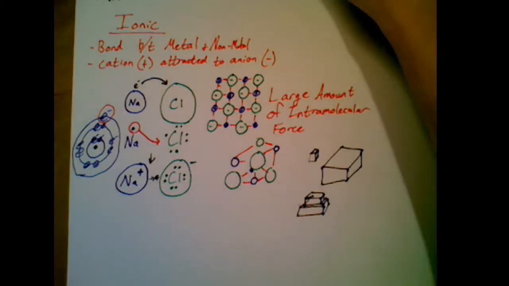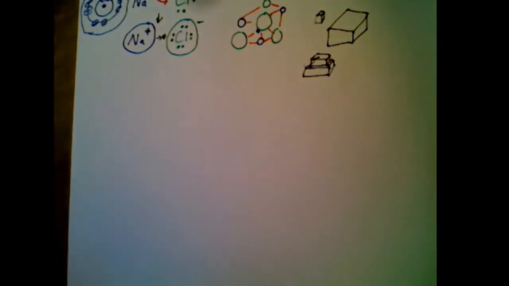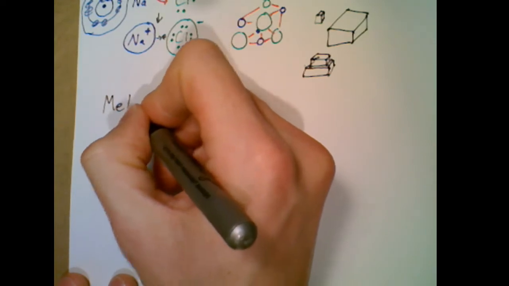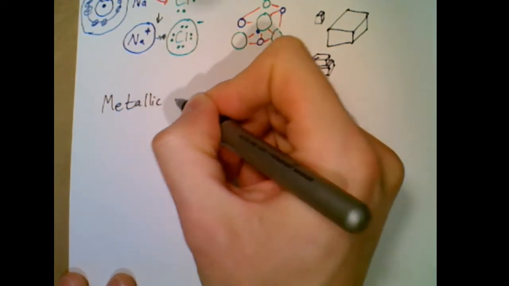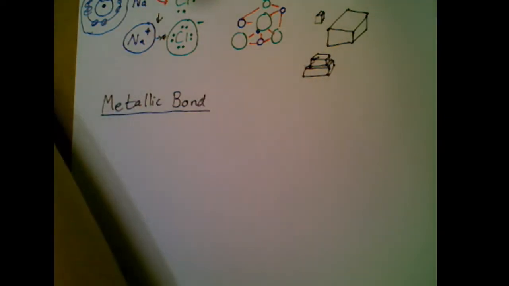Next, we're going to focus on something you probably didn't learn in grade 10, and that is what's called a metallic bond. Think about the things that you know. You know about ionic compounds, and you probably know about covalent compounds.